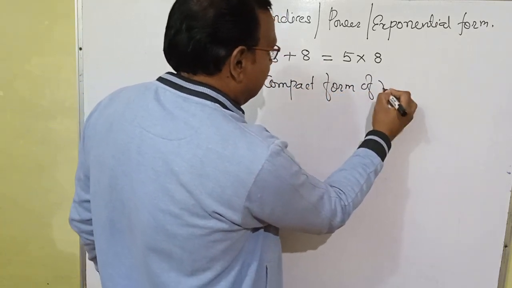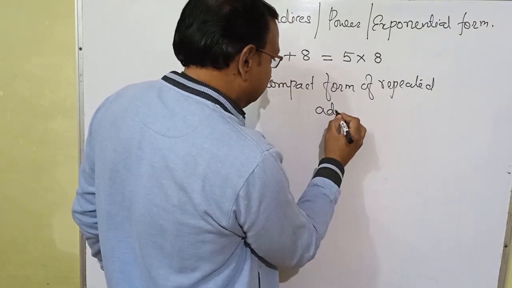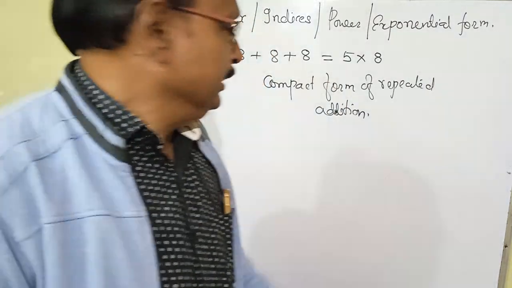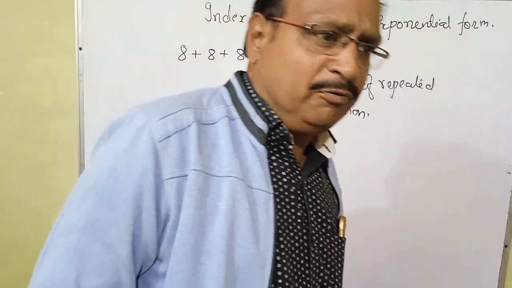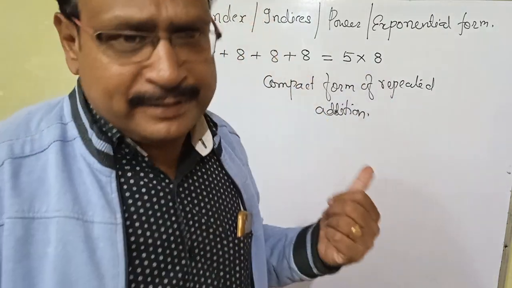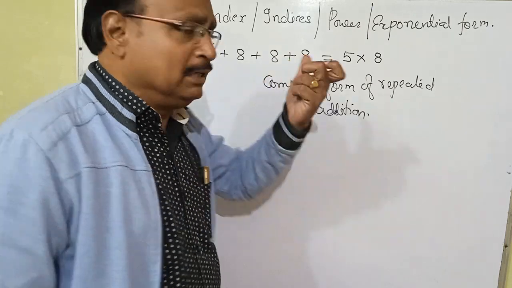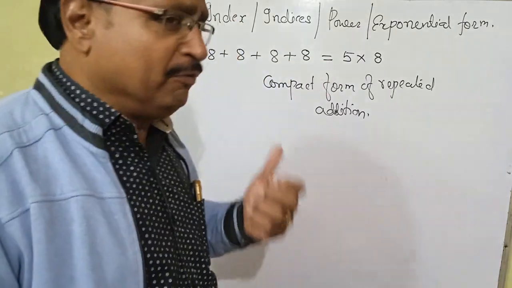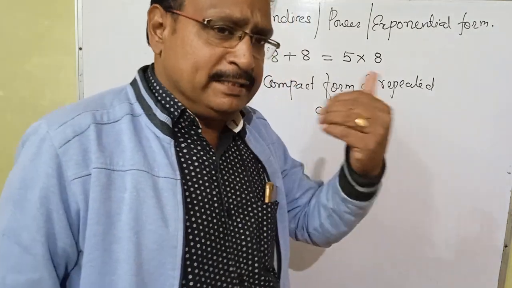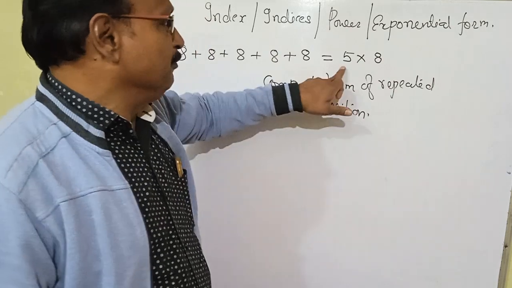Here 5 stands for the number which shows that 8 comes 5 times. So in repeated addition where 8 comes 5 times, we can easily write it in its simplest or compact form, 5 into 8.